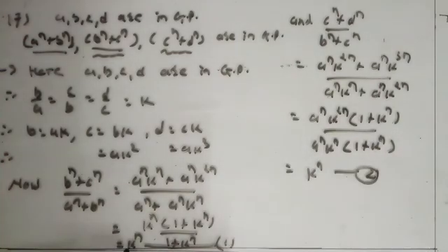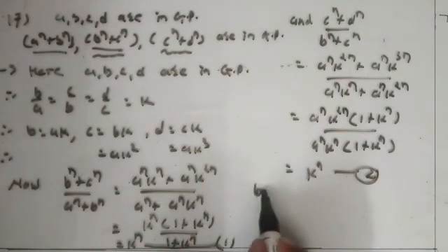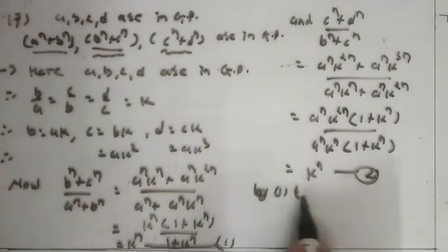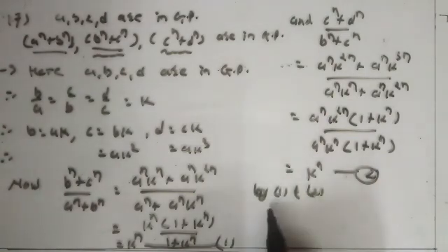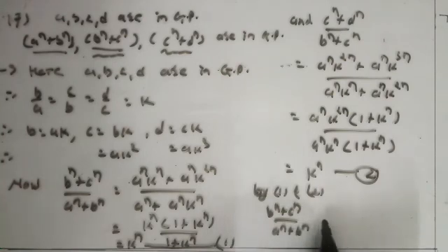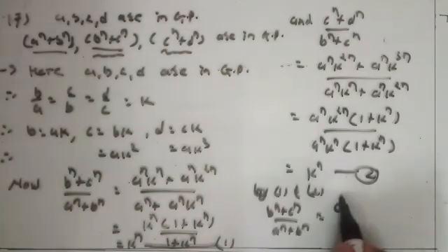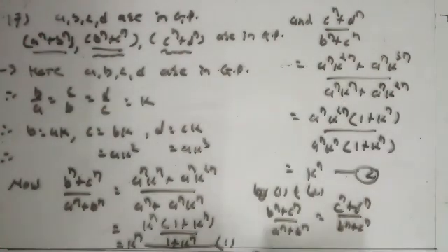Now compare both results 1 and 2: b raised to n plus c raised to n upon a raised to n plus b raised to n is equal to c raised to n plus d raised to n upon b raised to n plus c raised to n.